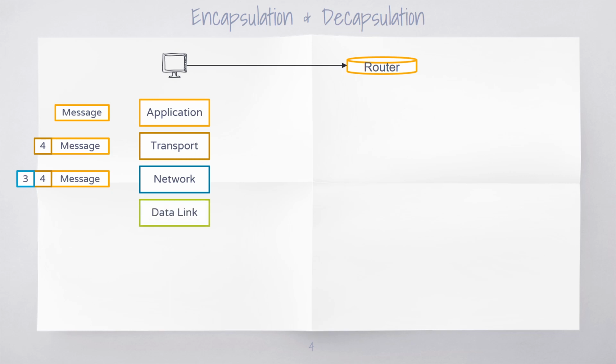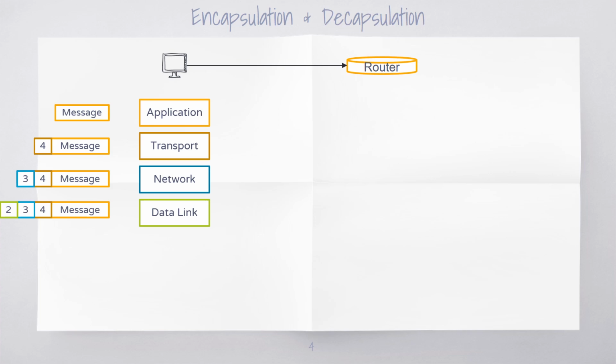The data link layer takes the network layer packet, the datagram, as input, and it will add its own header, which will basically be the physical link layer address of the source and the next hop.